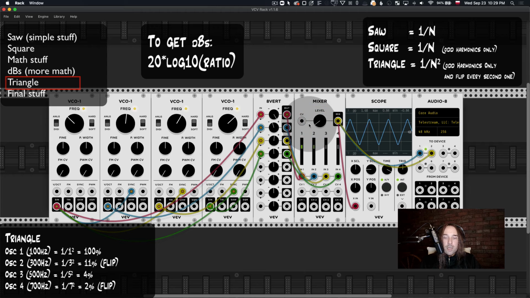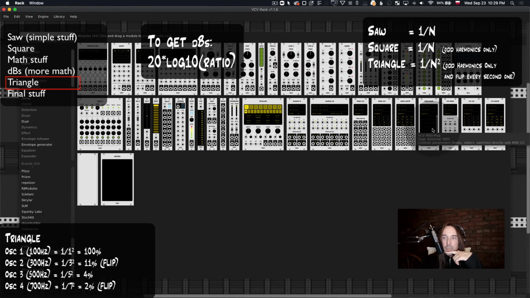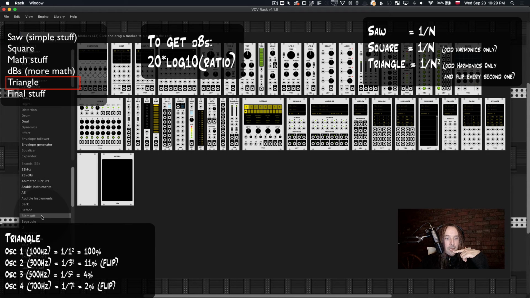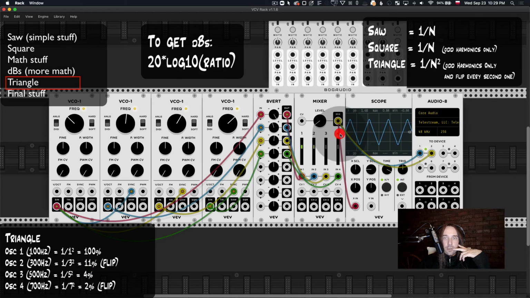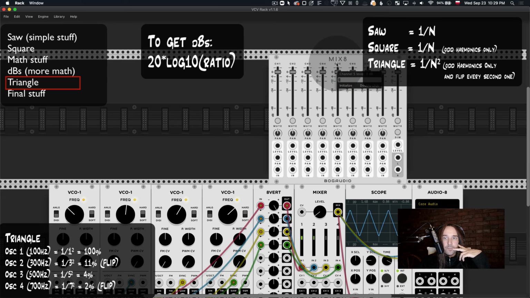So on your own, again, this is another fantastic challenge. You can use a mixer from Bog Audio with 8 outputs, or you can use this and mix them together. I think it will be fun for you guys to even try it, to go as far as possible. I think this one is probably a good start.